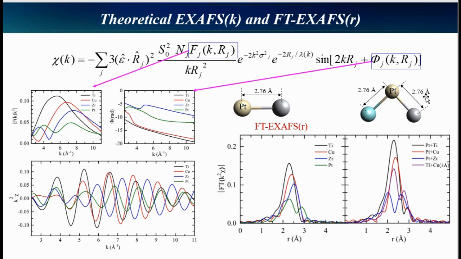The atomic backscattering amplitude F(k,r) and the phase shift in these equations depend on k-space. The left figure shows EXAFS as a function of k, and the right figure is EXAFS as a function of r. Also, we prepared the contribution of adjacent atoms of titanium at 2.76 angstrom and copper at 3 angstrom.